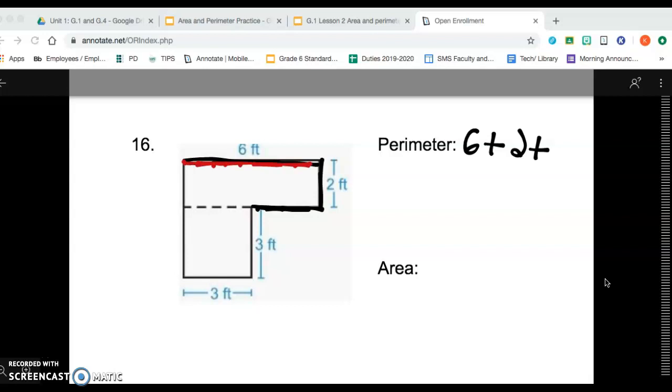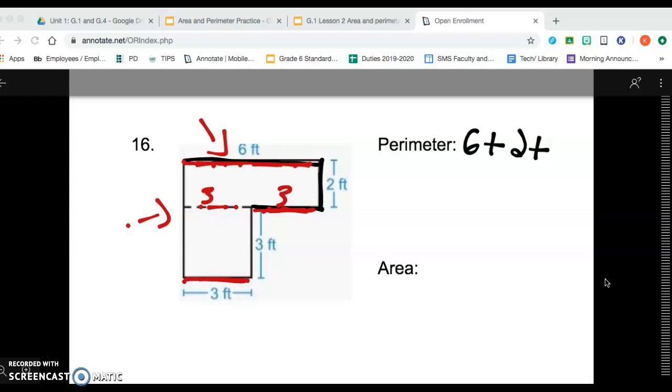And then if you come down and look here, this is 3. So if this is 3, that means that this dotted line is 3. So now to find this side, we can just take the 6 and subtract the 3 from the dotted line, right? So we're going to take this line and just subtract this section that we already know. So 6 minus 3, that's just going to give me 3. So that means that this side right here is 3.